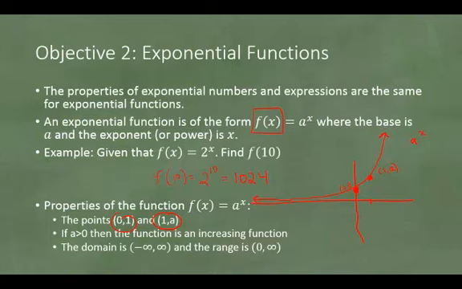And then you can get as high as you want to in the x's, all the way up to infinity. And it just keeps growing faster and faster and faster. The range is from 0 to infinity, because it's never going to equal 0, but it'll start somewhere close to 0 and go all the way up to infinity. But there's nothing less than 0 if a is positive.